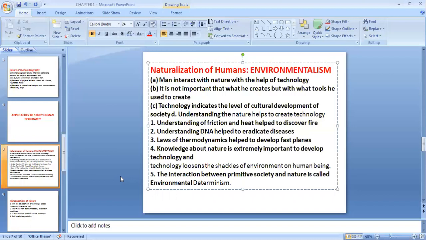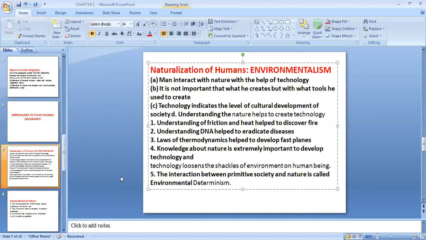Whatever cultivation you are doing in your life, you are cultivating according to the environment. Suppose in your place you are growing rice, and at the same time in Punjab, Haryana, Bihar, mostly they are producing wheat.